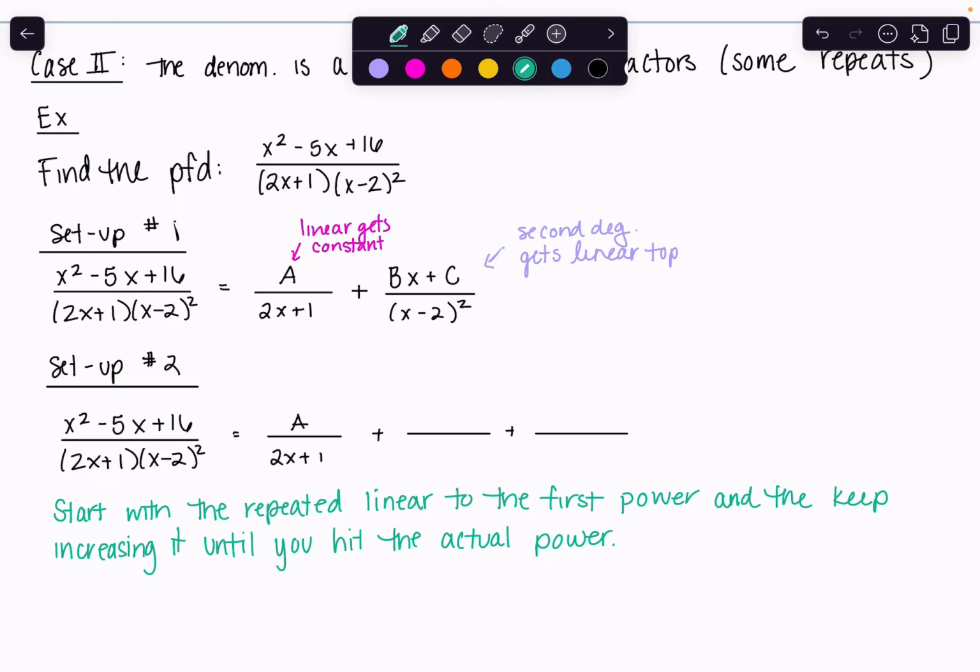You're considering it to just be a linear term, so you get constants in all of the tops. So each fraction is treated like it has a linear denominator.